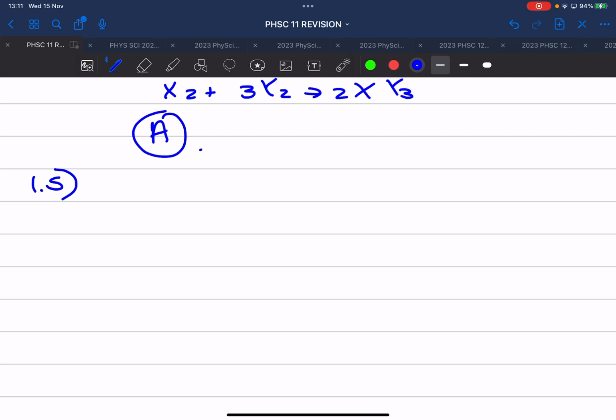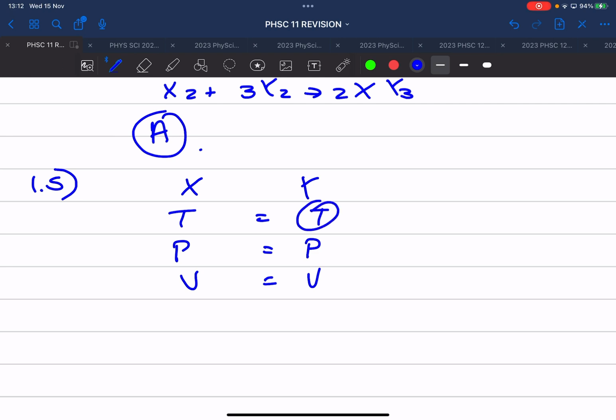You have 2 different gases. You have X and Y. 2 verskillende gasse. Maar the temperature is the same. And the pressure is the same, die druk is dieselfde. En dan sê hulle vir jou, die volume is ook dieselfde. So everything is the same. Nou vra hulle vir jou, wat is dan ook dieselfde?